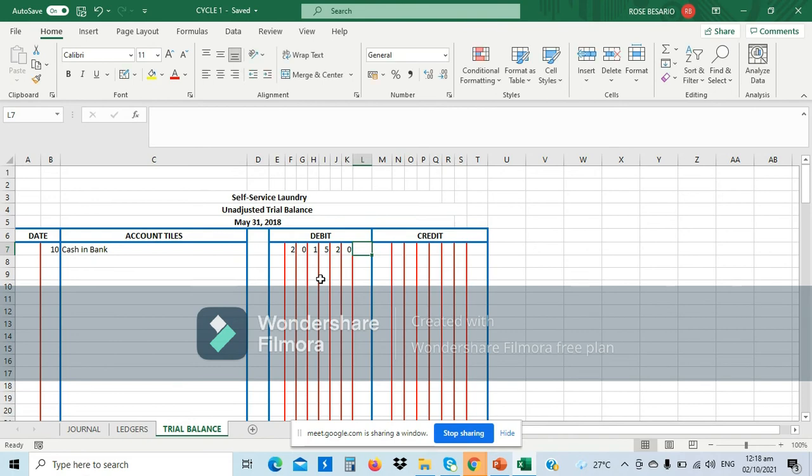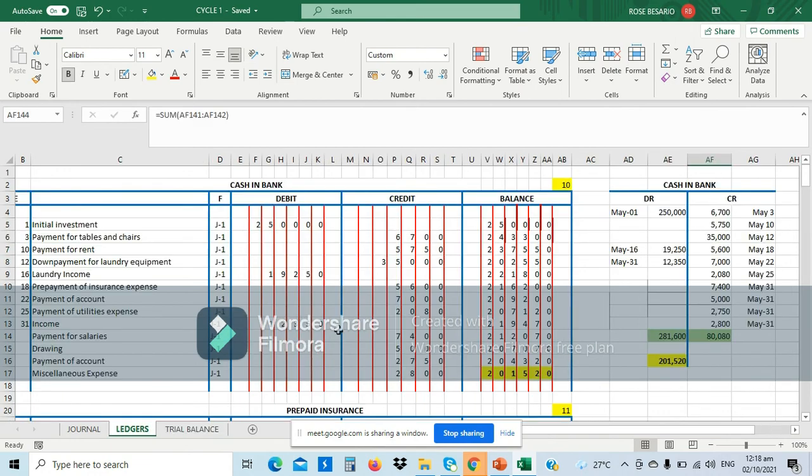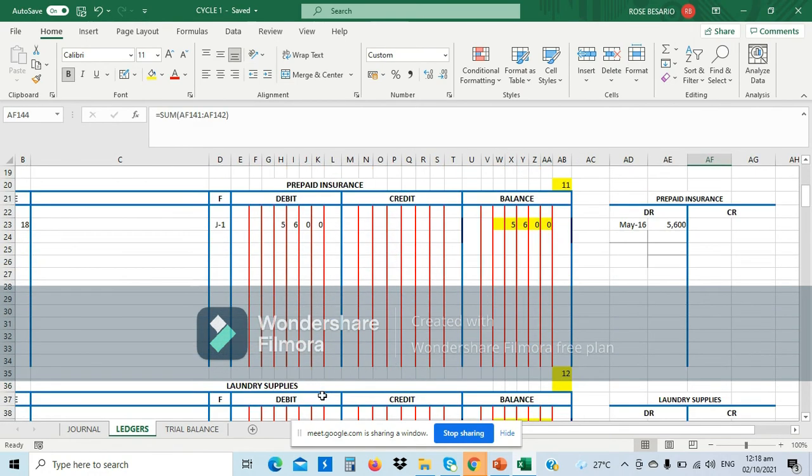Sorry, I did not follow Excel because I need to have it appear like a journal. So cash in bank debit, and after that we'll have prepaid insurance debit.